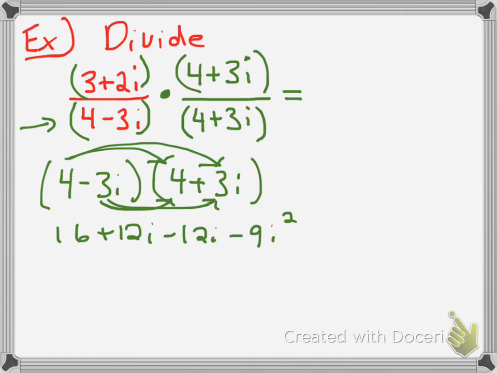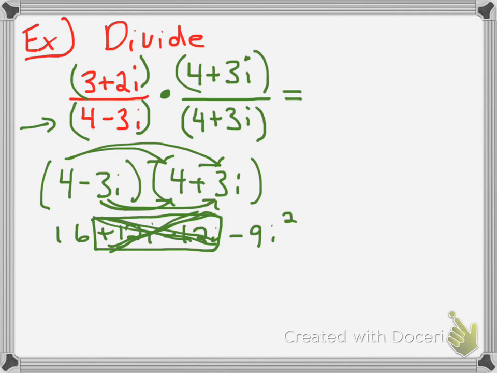Now, the two middle terms, guess what happens? They disappear. Because when you combine like terms, you combine your real numbers together and your imaginary numbers with imaginary numbers. My imaginary numbers disappeared: 12i minus 12i, it's gone.